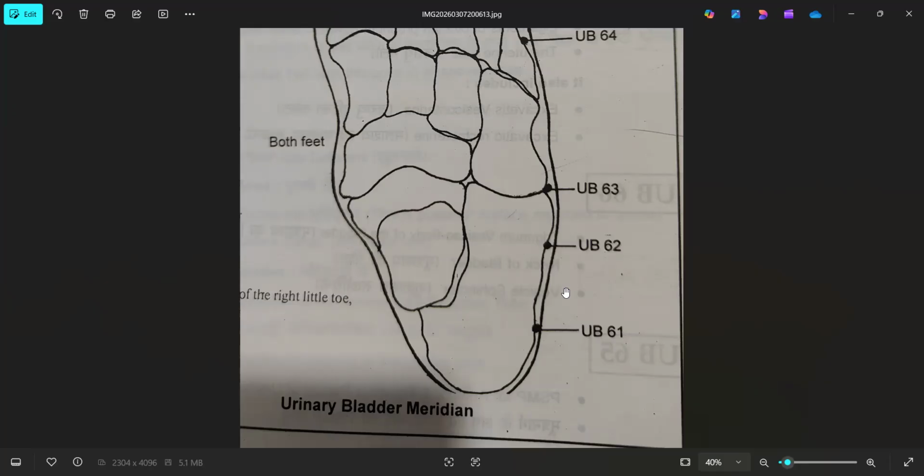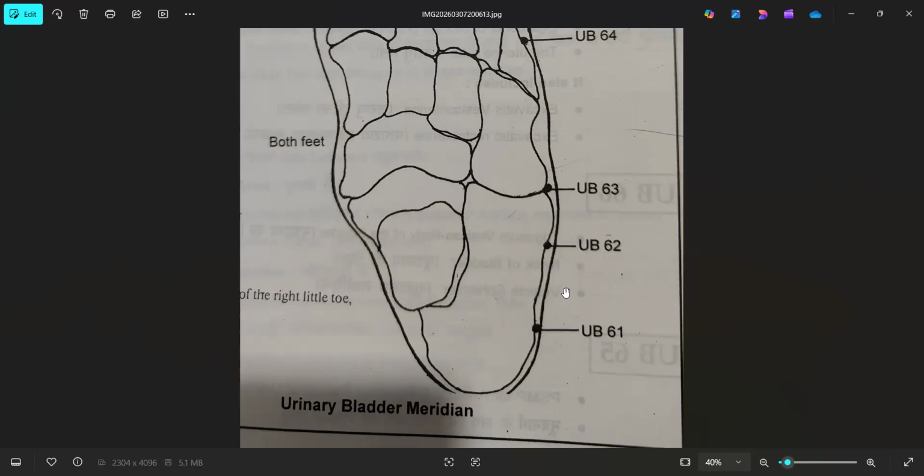This is again a sympathetic nerve. What should you do? UB50C, you should tonify. UB50C is a big point.